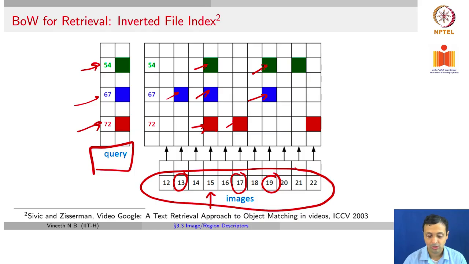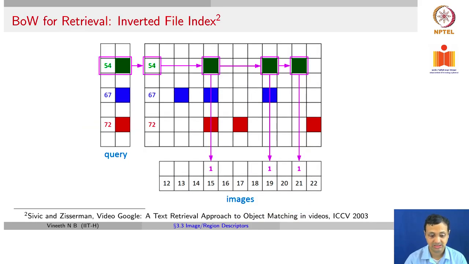Now what do you do? So you take one of these visual words which was occurring in your query image and you try to see which of your repository images also had that particular visual word, and you add a count for that particular image. Similarly, 19 would get a count of 1, 21 would get a count of 1 for these images. So you're now trying to compare which of these repository images contain the same word which is there in your query image.